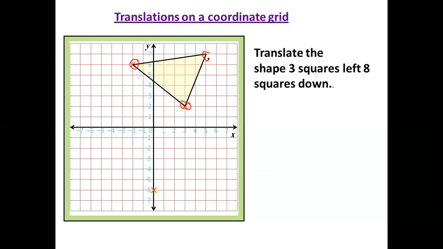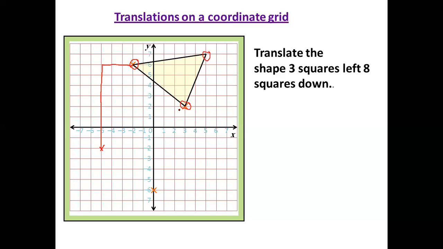Look at the description: 3 squares left. So each one I will count. This point, 3 left: this is 1, 2, and this is 3. 8 down: 1, 2, 3, 4, 5, 6, 7, 8. So the new position of this point is here.